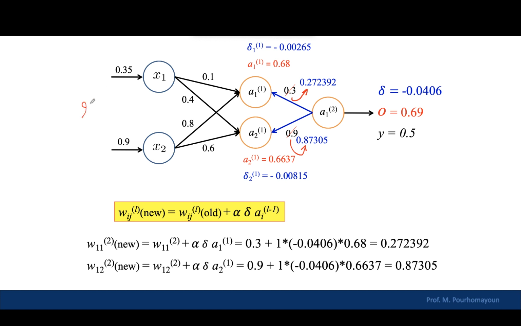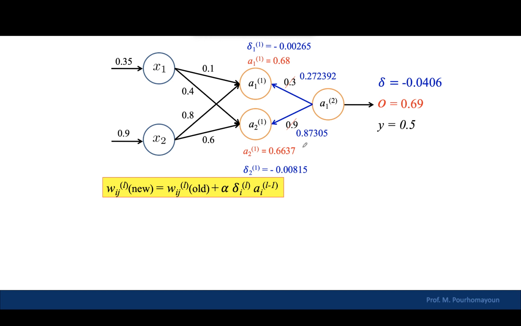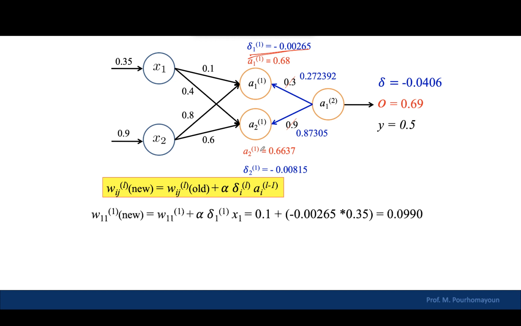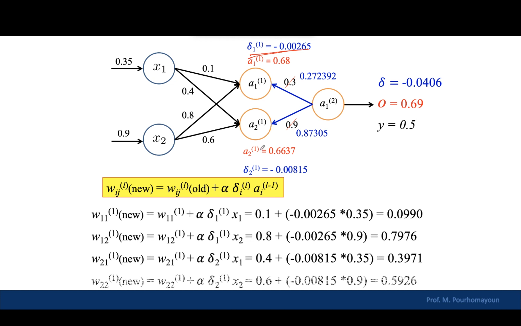So I had one training data provided to the network, and based on one training data, I updated the weights a little bit. And now I continue, I backpropagate this error into the network and update the weights in previous layer. I mean these 4 weights. Here you go. So these were my old weights.